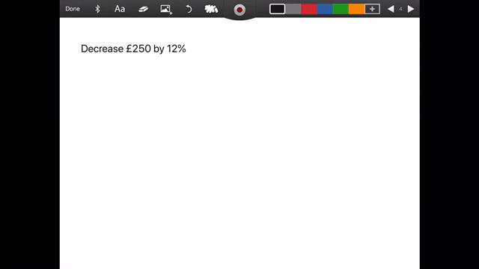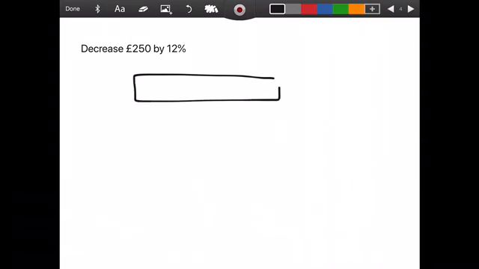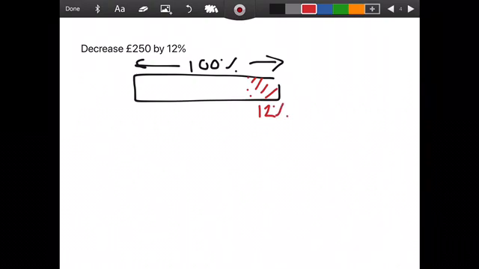I could also do this if I want to decrease a number. So say I want to decrease £250 by 12%. Well, I've already got 100%, but this time I want to take off this block here, this 12%.